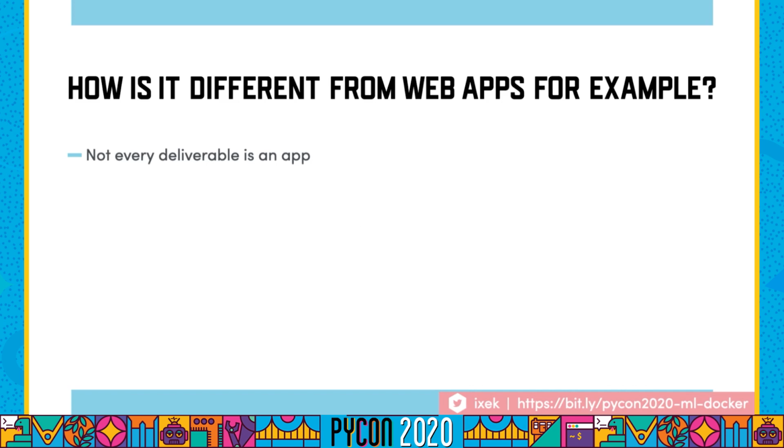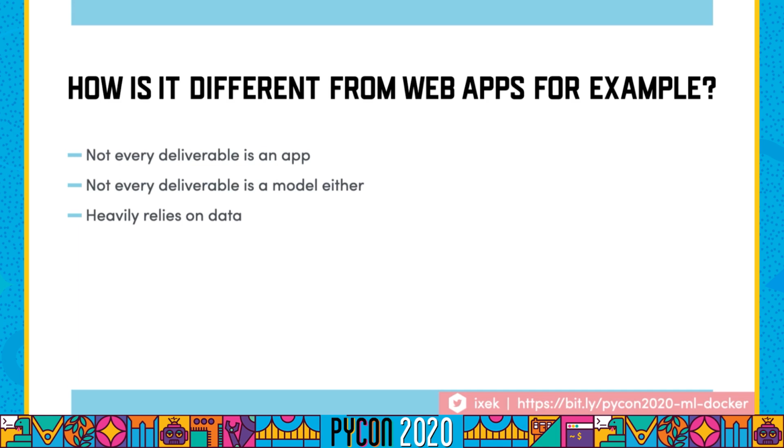Now, when we're working in data science and machine learning, not every deliverable is an app. Not all of the things that we develop as part of machine learning workflows can be productized as an app. Also, not everything is a model. Not everything is going to be delivered as a model that can be accessed through an endpoint or a URL, or is going to be on a smartphone.